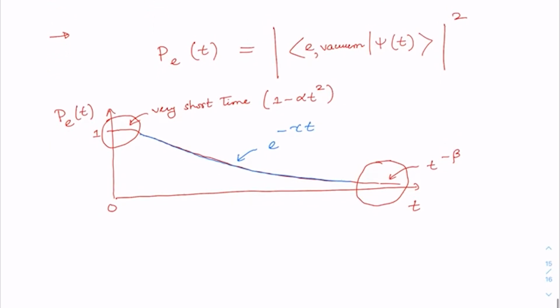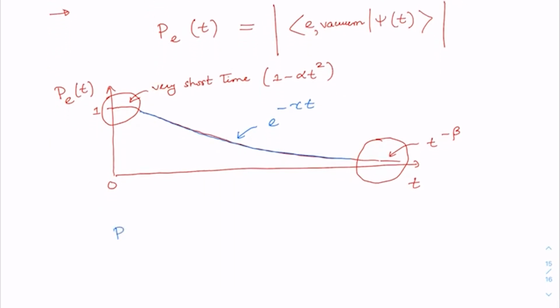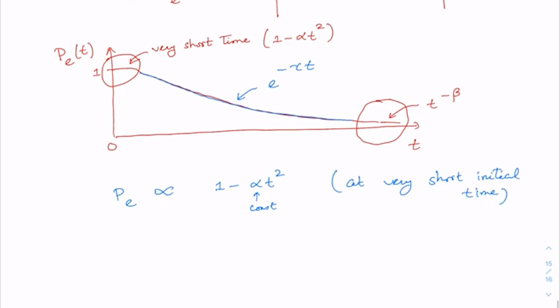Let me write here again: at very short interval of time, this probability will decay quadratically in time, where this alpha is a constant, and this is the case for very short initial time. This is what the rigorous solution will give us.